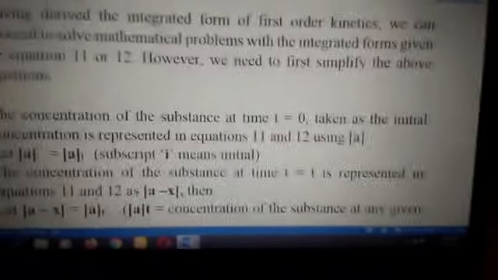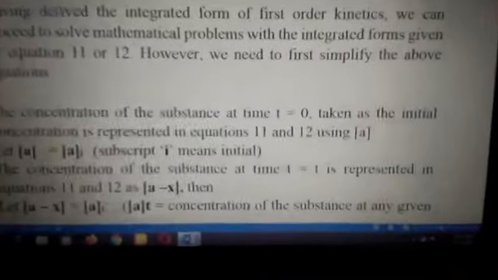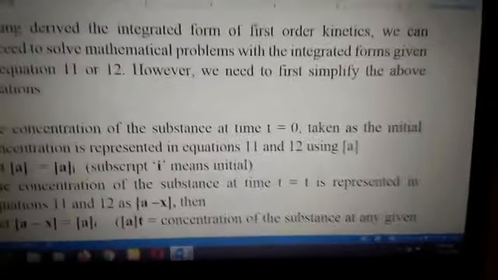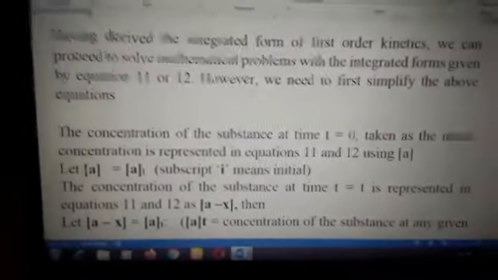As we said initially, that square bracket small a represents the initial concentration before the reaction began, or that time 0. Then we can now say let that [a], that initial concentration of the substance, be equal to AI.